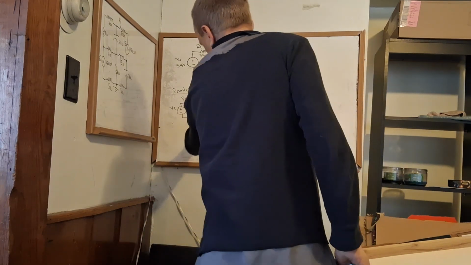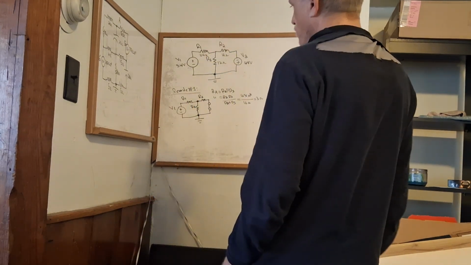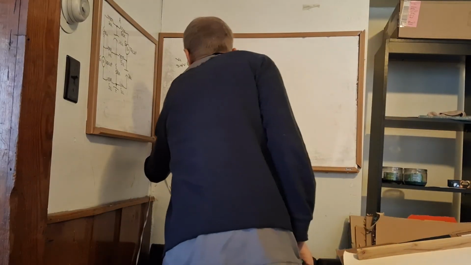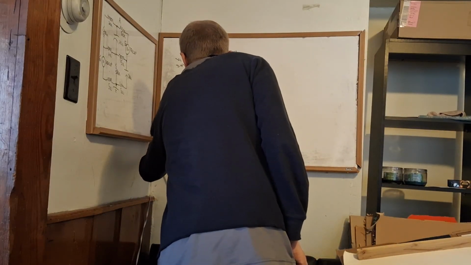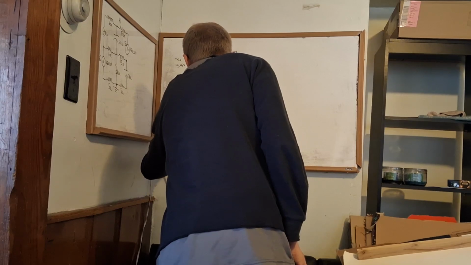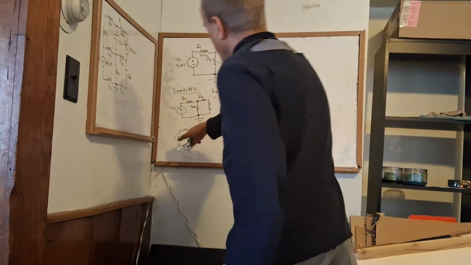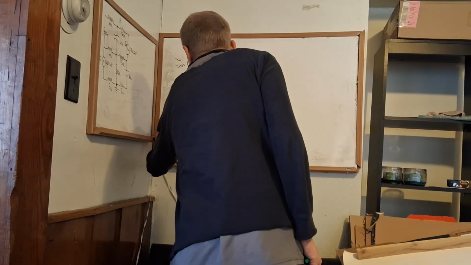But that would be in series with R1, which means we got 27 ohms flowing through this entire circuit, the 27 ohms of total resistance just for the circuit with V1.